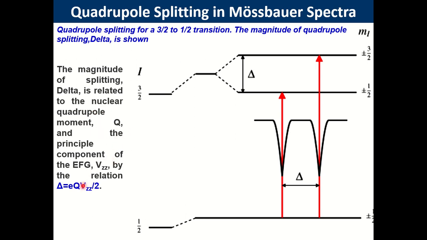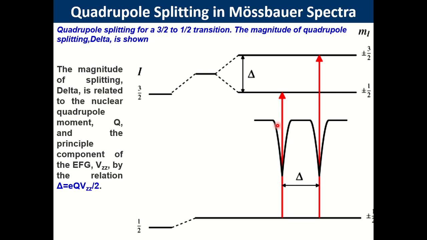The component that I told you is the most important one is the VZZ term. The magnitudes of the other terms are of very low values, less important as compared to this term. By considering this, you can get a very good idea of what the magnitude of the splitting would be in a species.